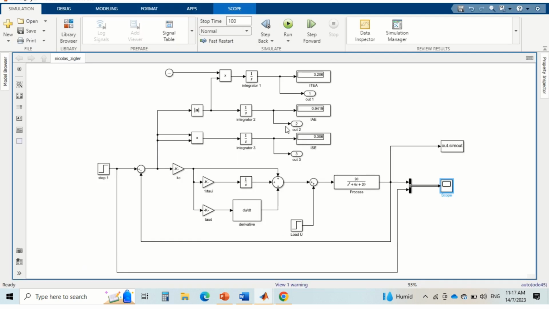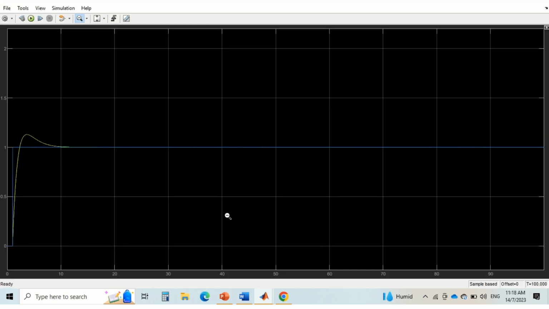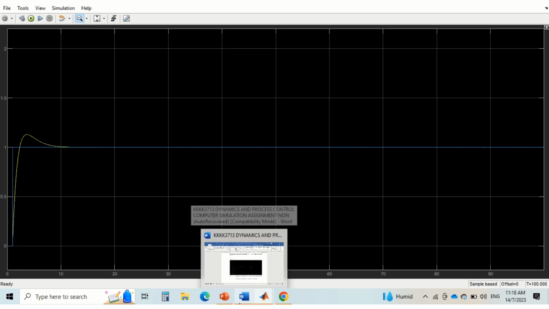Once I run this, I'll get this graph. I can't run it now because it usually will take time and it causes lag for this video. But I have put all the input for the Kc, 1 over tau I, and tau D. This is for tuning PID in the Ziegler-Nichols tuning method.